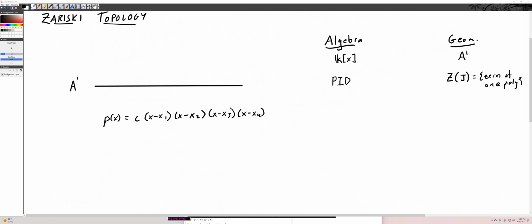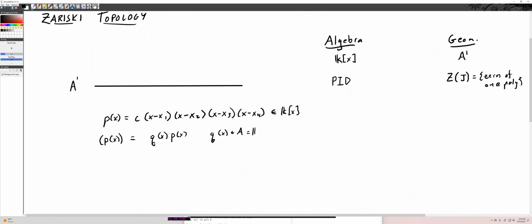So here's a polynomial p(x). This is inside the polynomial ring k[x]. The ideal generated by p(x) is just going to be all functions q(x) times p(x), where q(x) is in the ring A, or k[x], right?